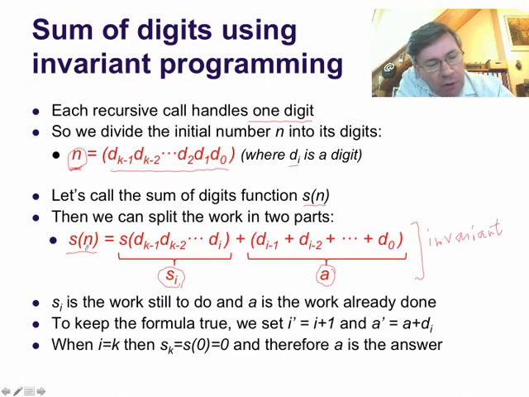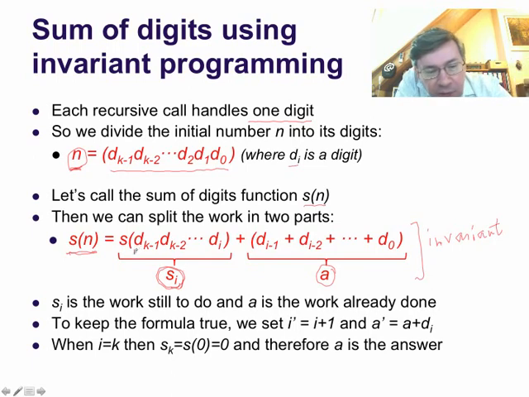Okay, notice that the part on the left of the equal sign is like a constant. During the whole calculation, it's the same. It's the Sn we're going to calculate. And on the right-hand side here, we have two parts that vary, and it's the sum that has to be constant. So in order to keep the formula true, when we advance in the calculation, we will, in the Si, increase i by 1.